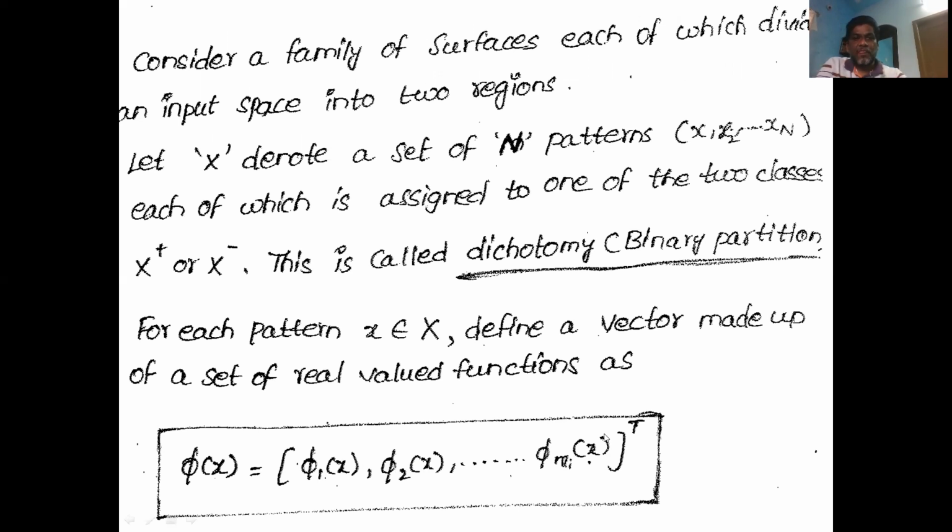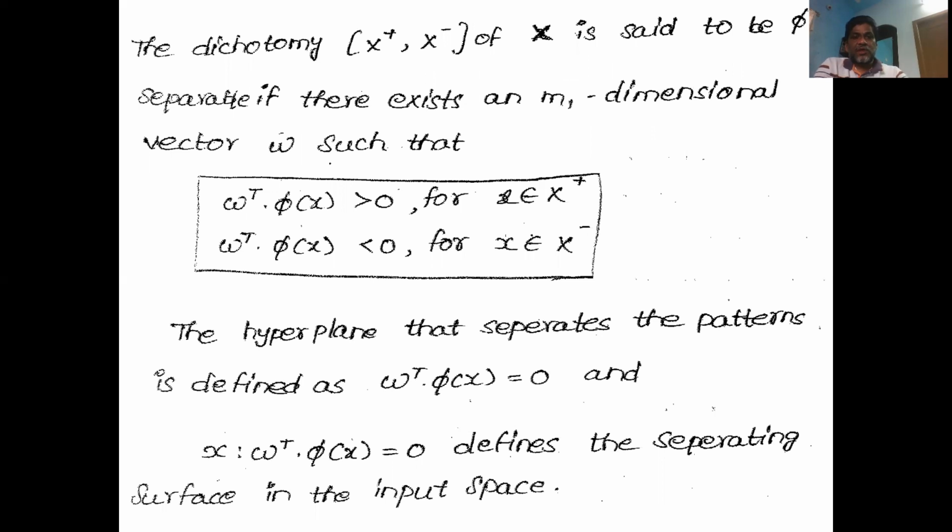So for each input value, you can use a separate nonlinear function to map it into a high dimensional space. Once we define that function, the dichotomy X plus, X minus of X is said to be phi separable if there exists an M1 dimensional vector w that satisfies these two inequalities.